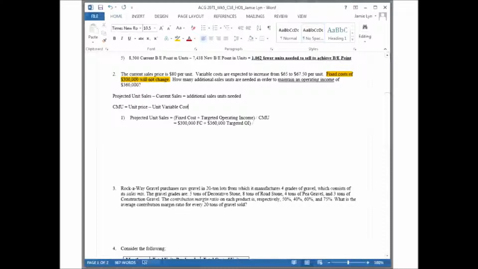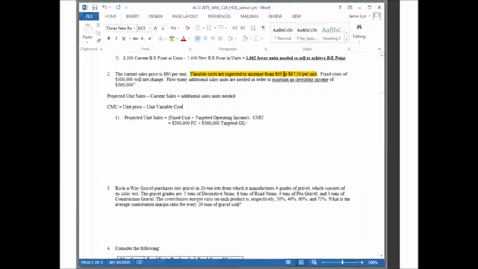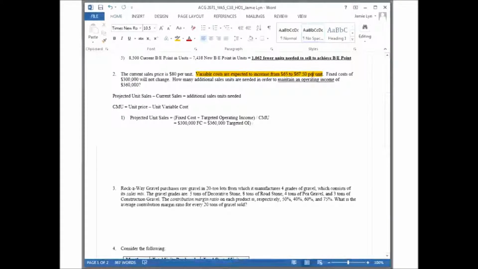Now, in the problem, it tells us that the variable costs are expected to increase from 65 to 67.50. So from 65 would be the current, to 67.50 would be the new or projected. Since we're working on the projected, we would use the 67.50 because that's what it's increasing to.